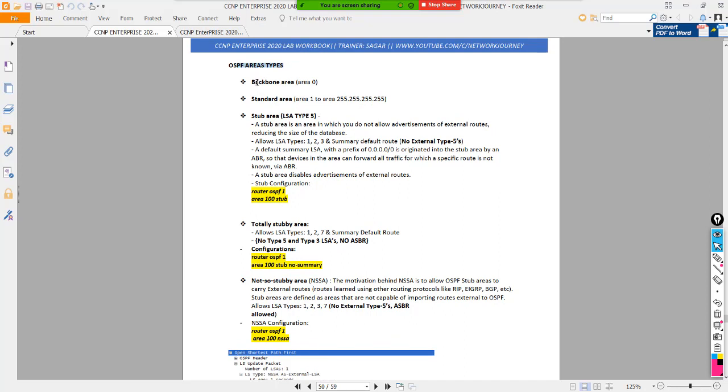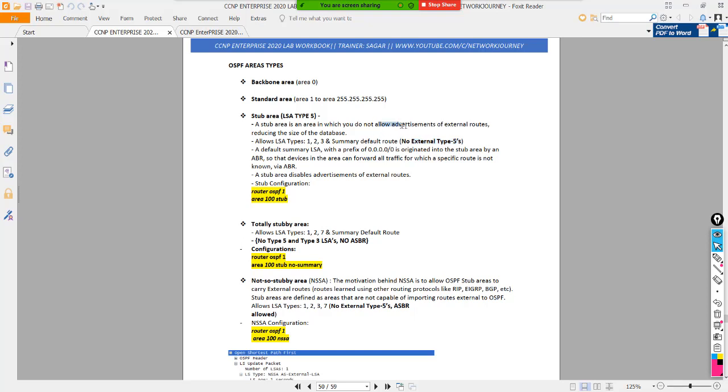OSPF area types: the backbone area is called area 0. The standard area, as you know, is anything from area 1 till this number. What is a stub area? A stub area is where you don't see type 5 LSA or the external LSA.